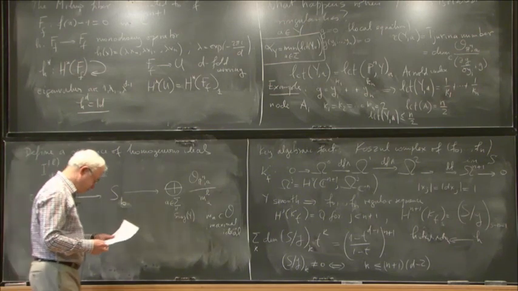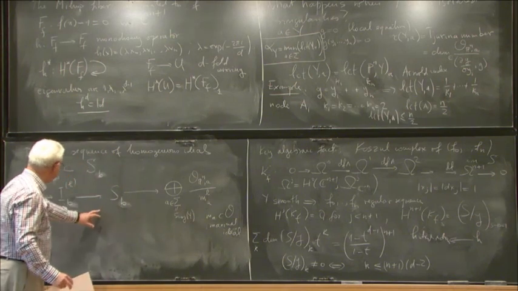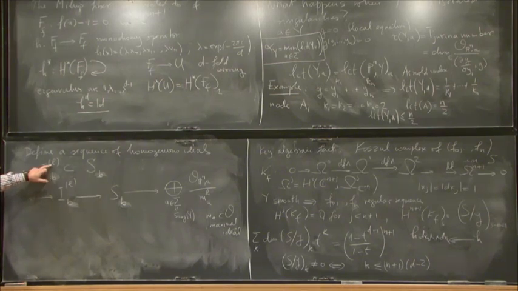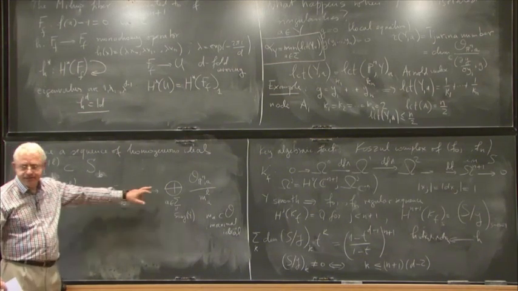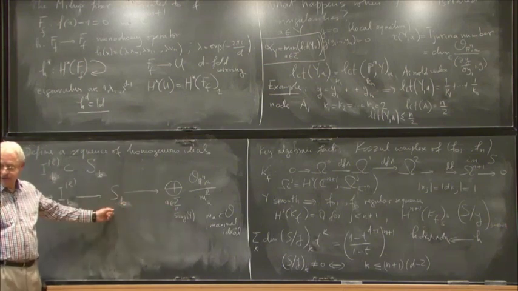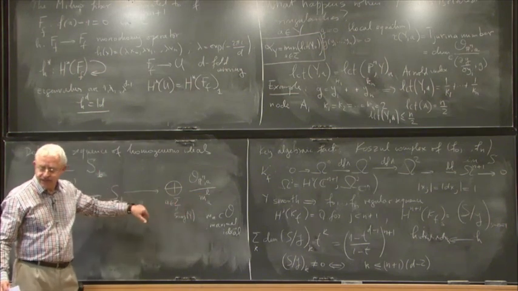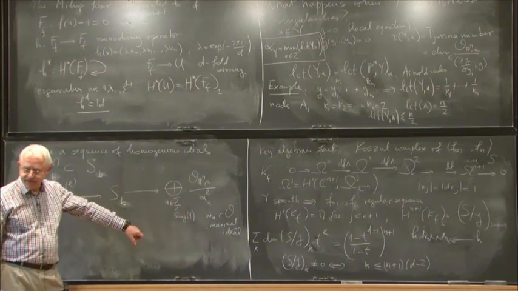And so, by definition, the B homogeneous component of this ideal is the kernel of this map. That means all the homogeneous polynomials of degree B whose L jets vanish at the singularities of our hypersurface.